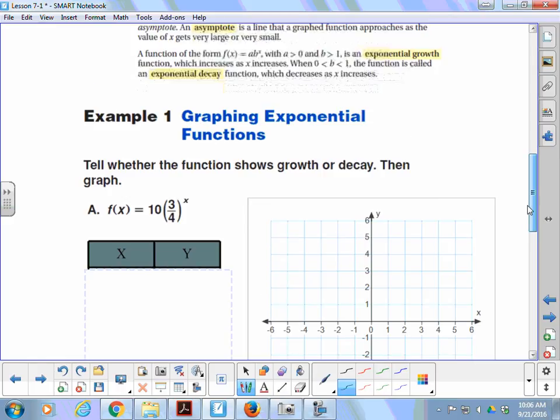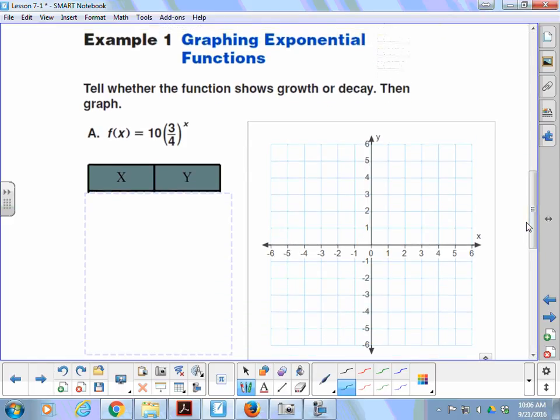All right, so graphing exponential functions. Now, we're not going to get into this real heavily because you have calculators, and we're going to use our calculators to do these, but it's important that you're able to see what the graph looks like. So go ahead and go to your y equals in your calculator and put in 10 times 3/4 to the power of x so that you can see what this graph looks like.